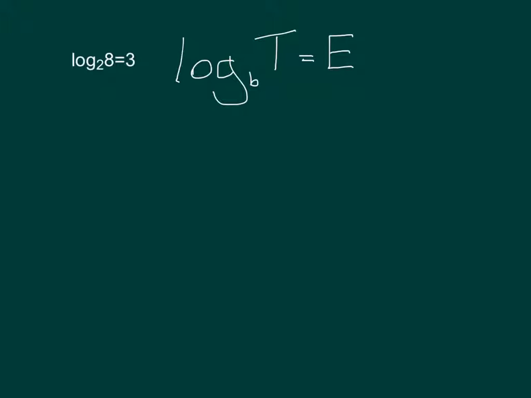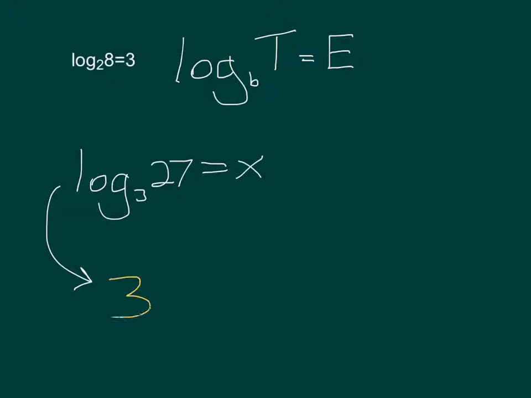So let's actually do some examples now. If I want to find log base 3 of 27, let's call it x because we don't know what it is. Well, I'm going to rewrite all of this in what I would call exponential form. So if this is logarithm form, exponential form would look like this. 3 is your base, x is the number that you're raising it to, and 27 is your target.